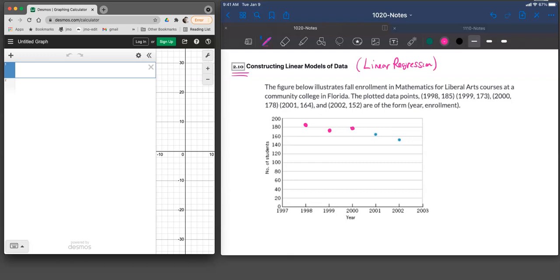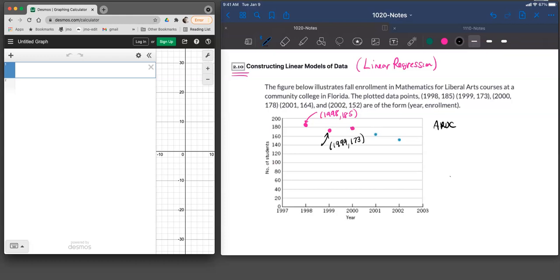We can see that in the year, this point right here is in the year 1998, there were evidently 185 students enrolled. And then we have this point right here, that in the year 1999, there were 173 students enrolled. Okay, so one thing I want to bring back into play is this concept of the average rate of change.